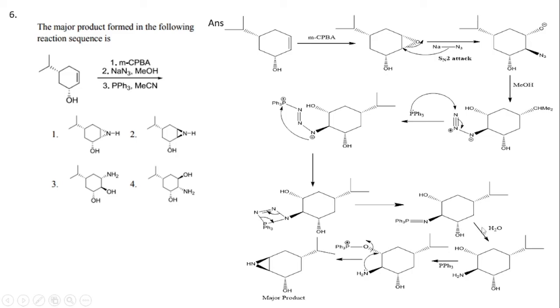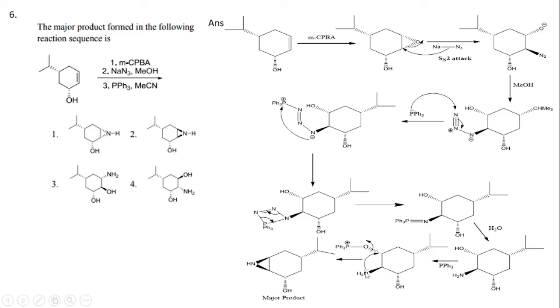After this there is a hydrolysis. Due to the hydrolysis, it forms this amine, that is primary amine NH2. Then due to the presence of this PPh3, this OH will be converted into the labile OPPh3 plus.